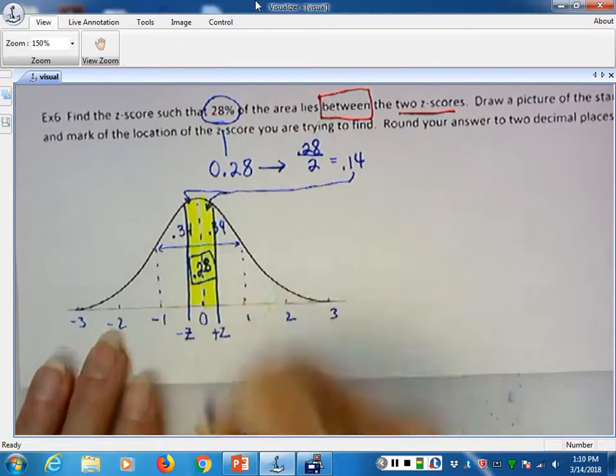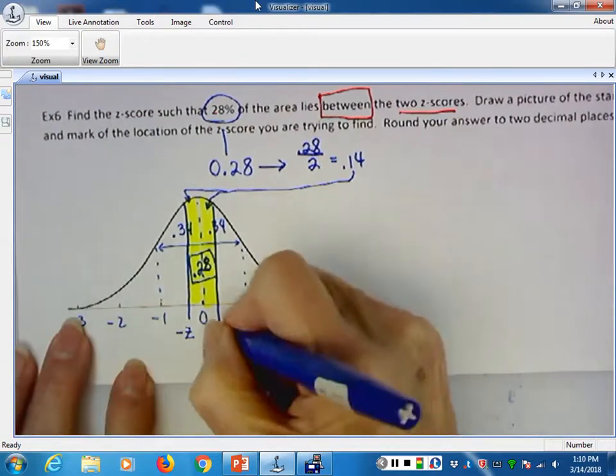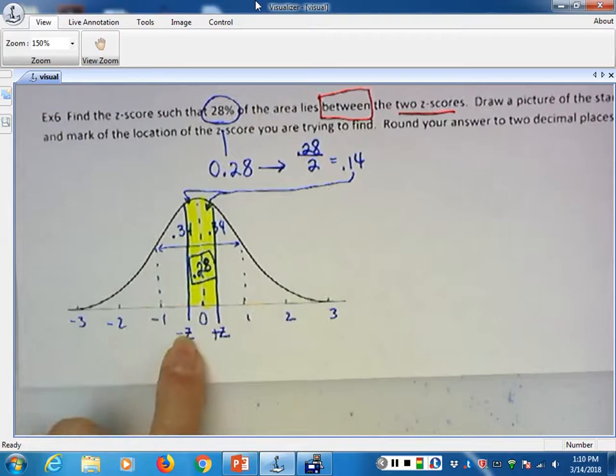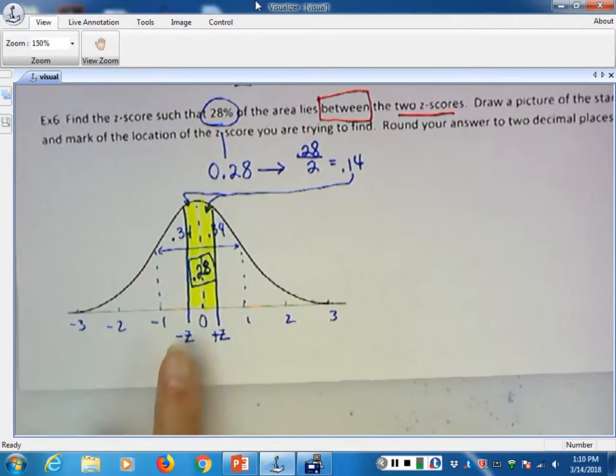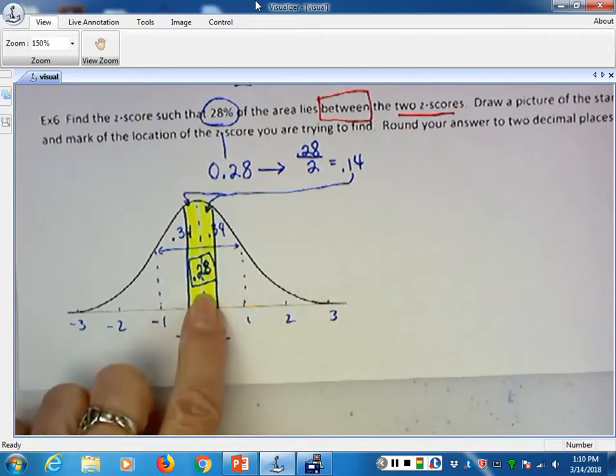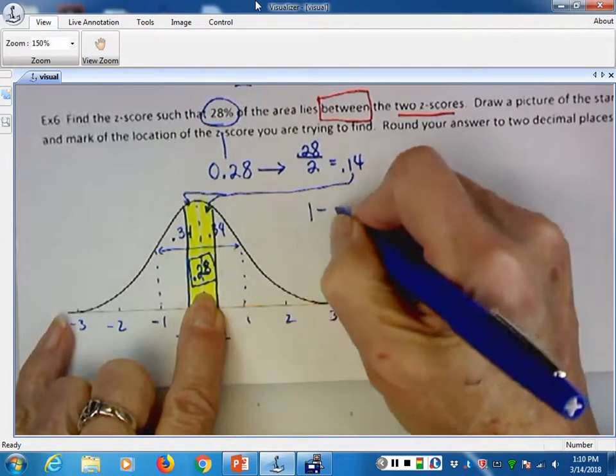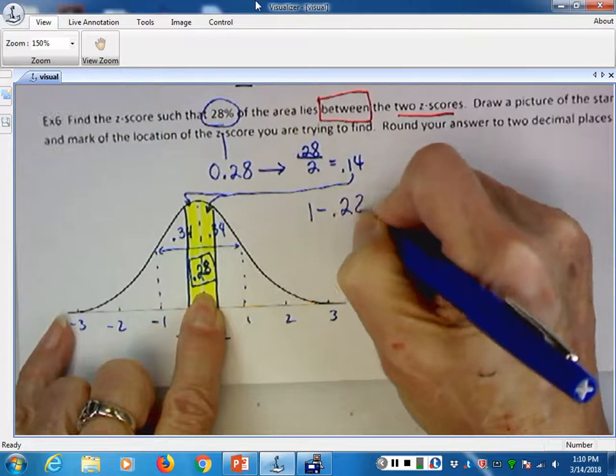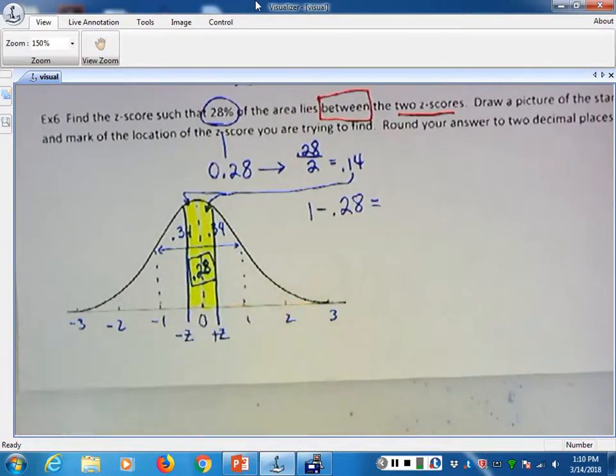And if you remember that other problem we talked about, I really only need to find the negative one. Because the positive one's going to have the same absolute value, it just means I'm going to drop the negative sign. So thinking about my areas, if there's 28% here, 1 minus my 28% is 72%.